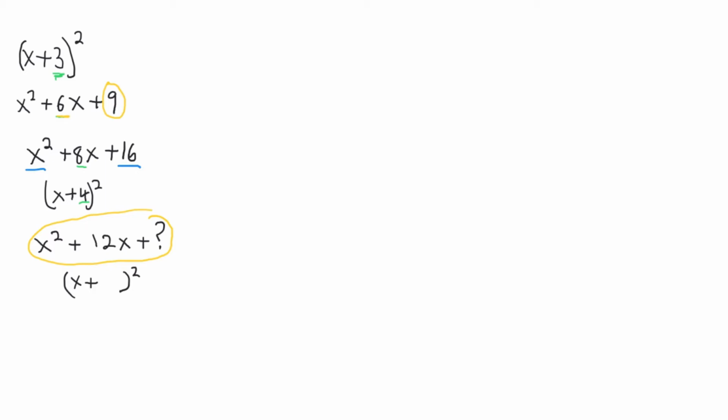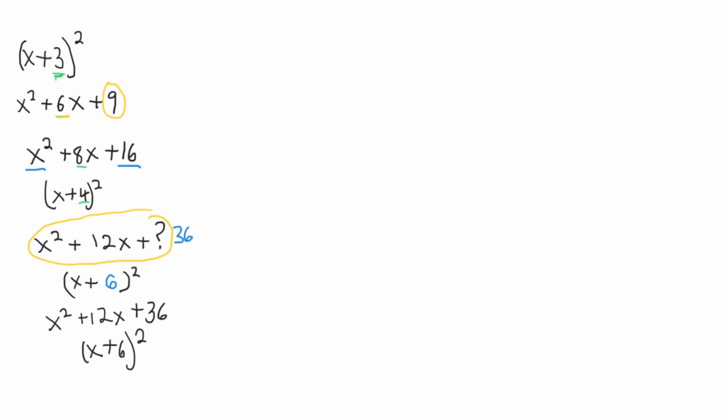This 16 is 4 squared, half of 8 squared. So if I follow that logic, half of 12 would be 6, and if I square that, that would be 36. So my conclusion is that x squared plus 12x plus 36 is a perfect square trinomial. That would factor to x plus 6 squared.